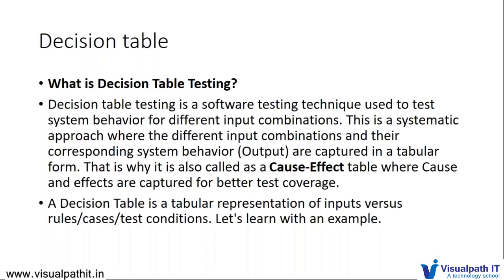A decision table is nothing but making a table out of the different input data, which we can call a tabular test case. With the different inputs, they make a table to have better clarity of the test data and what the output result is. We will understand better when we see the example.